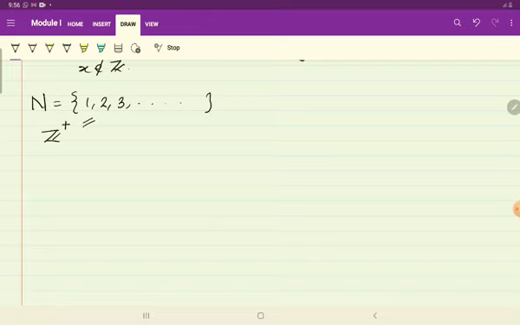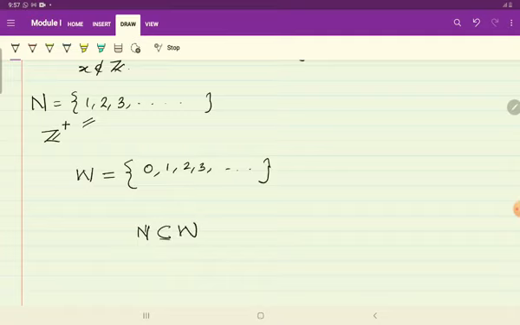So Z plus and the set of natural numbers are the same set, also called the counting numbers. And if we include 0 with these natural numbers, the system of numbers is called the whole number system, denoted by W. Natural numbers are contained in whole numbers, and whole numbers are also contained in the set of integers.